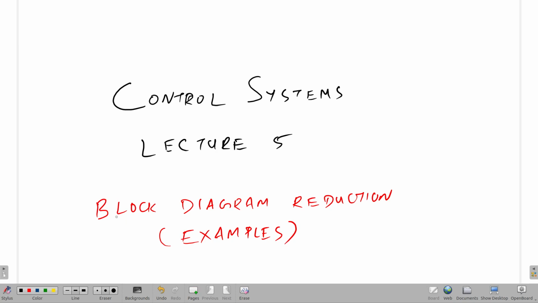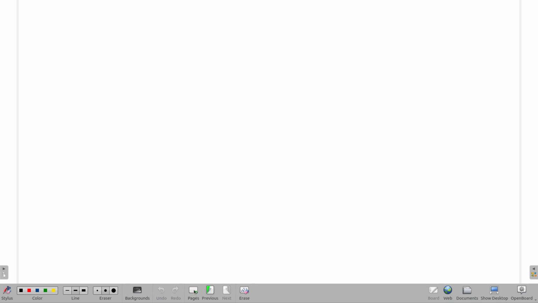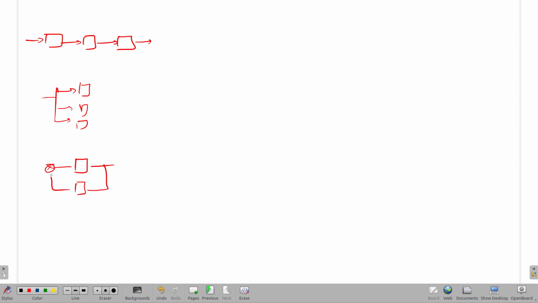So today what we will be doing is we will be seeing some examples on how to do block diagram reductions. In the last lecture we had gone through different techniques, the three basic ones: cascading of blocks, then parallel blocks, and then the feedback, and how we would reduce these three setups.